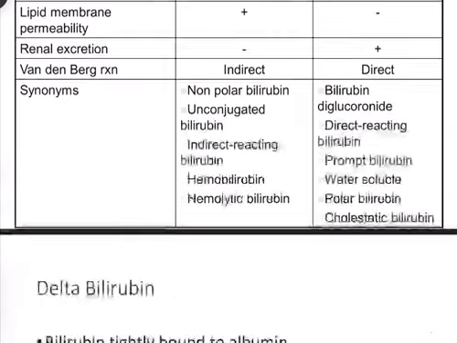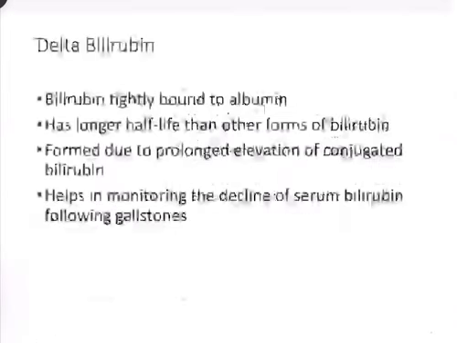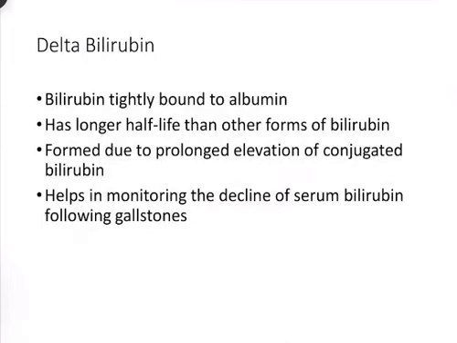Then you also have delta bilirubin, a bilirubin that is tightly bound to your albumin. It has a longer half-life than the other forms of bilirubin, and is formed due to a prolonged elevation of conjugated bilirubin or B2.